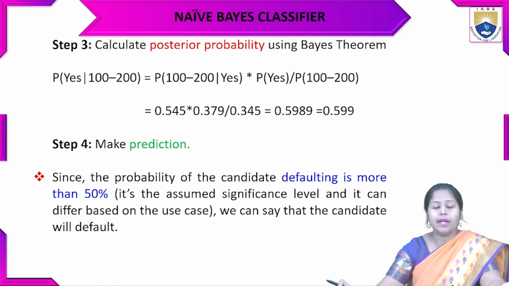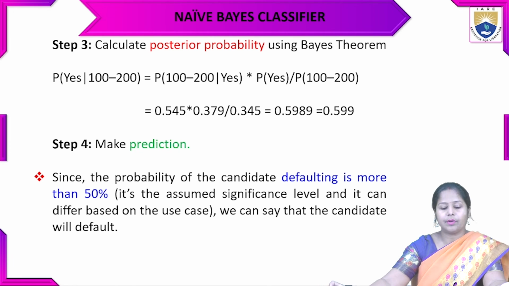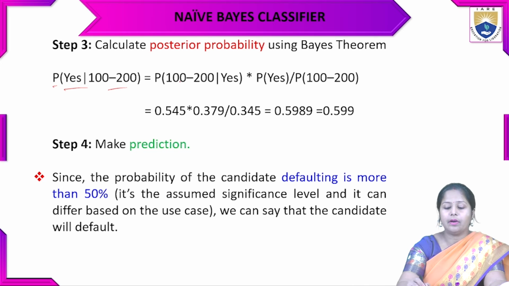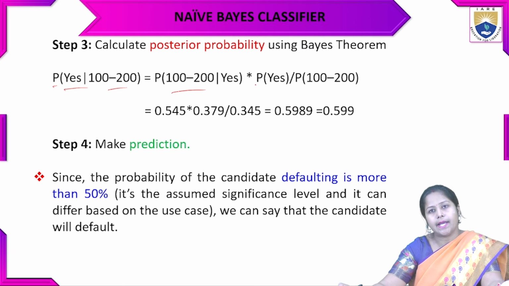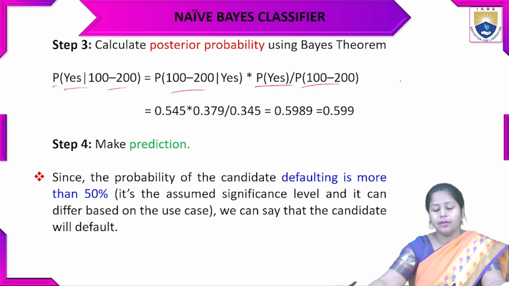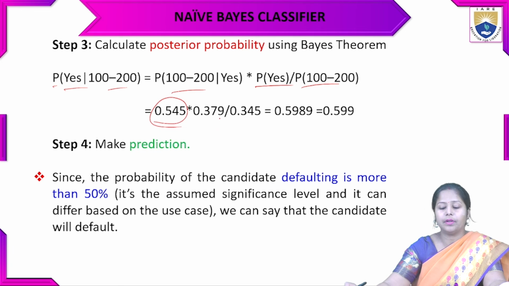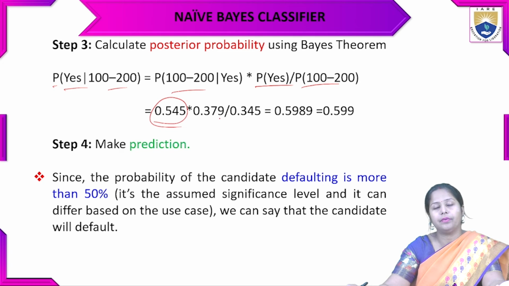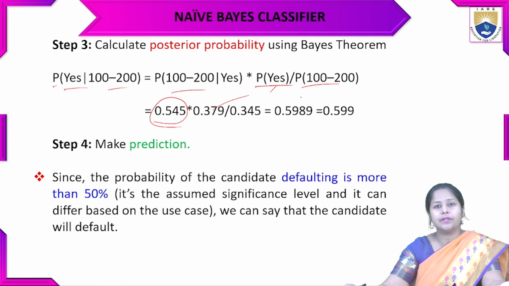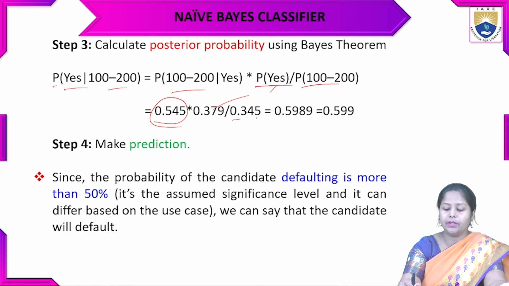In step 3, we have to calculate the posterior probability. P of yes given 180 is equal to P of 180 given yes into P of yes, divided by P of 180. We have already calculated these three terms: 0.545 into 0.379, divided by 0.345.